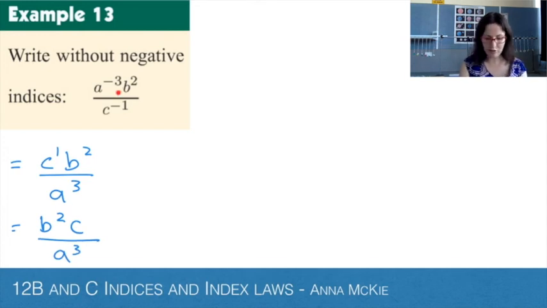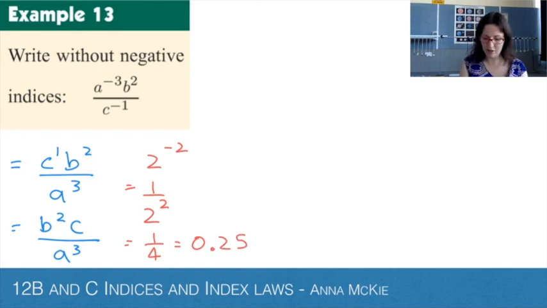If you're not sure about this rule about it flipping, my maths teacher at school always made the suggestion of, when in doubt, use real numbers. So this rule of 2 to the power of, say, negative 2, I'm telling you that it's the same as 2 to the power of 1 over 2 to the power of 2, which is 1 on 4. What would that be as a decimal? 0.25.